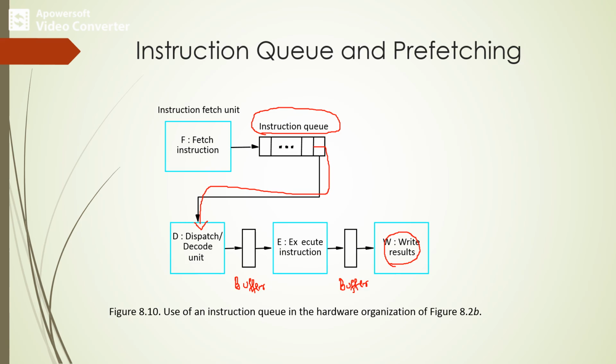In the case of a branch instruction, we already considered how the entire pipeline may stall, because in some cases the execution unit itself will be kept idle because there is no instruction or there is some dependency with respect to the data.